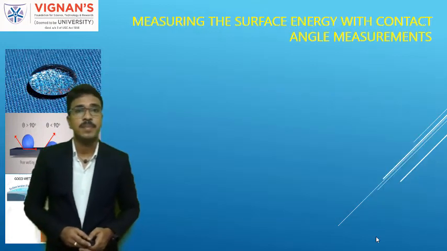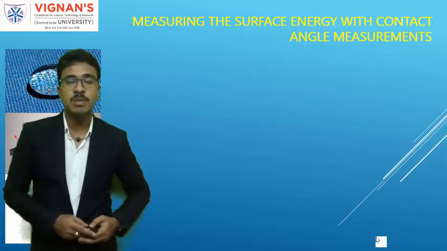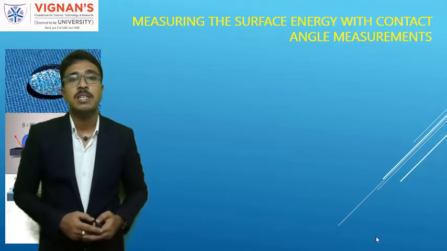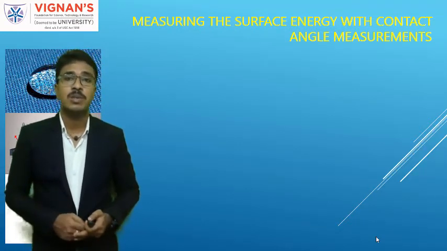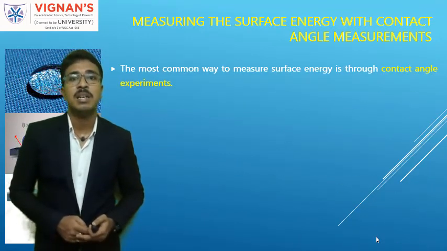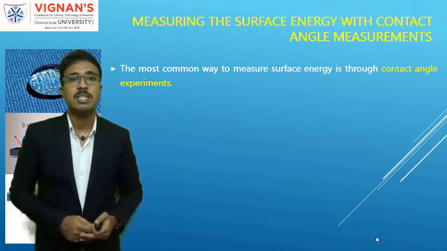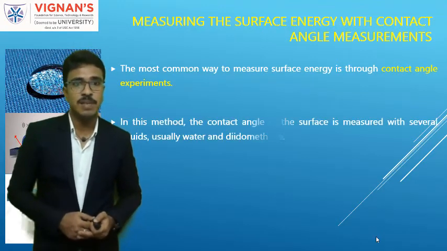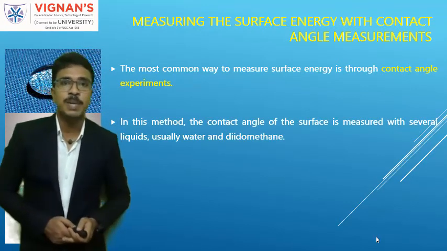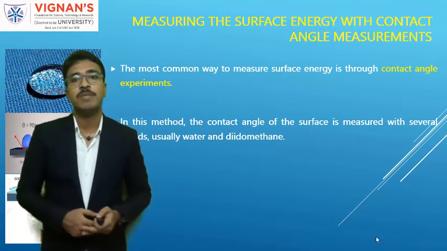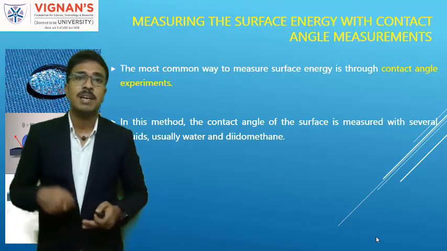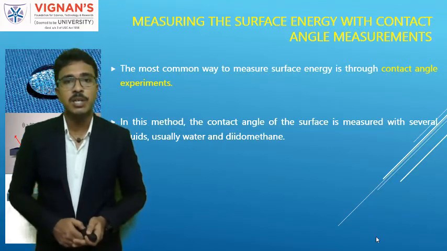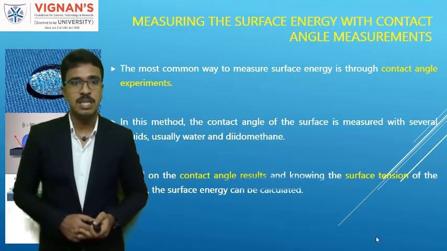Understand? Now when it comes to measurement of surface energy, we can find it out with the help of contact angle measurement. In this method, the contact angle of the surface is measured with several liquids, usually water and diiodomethane.